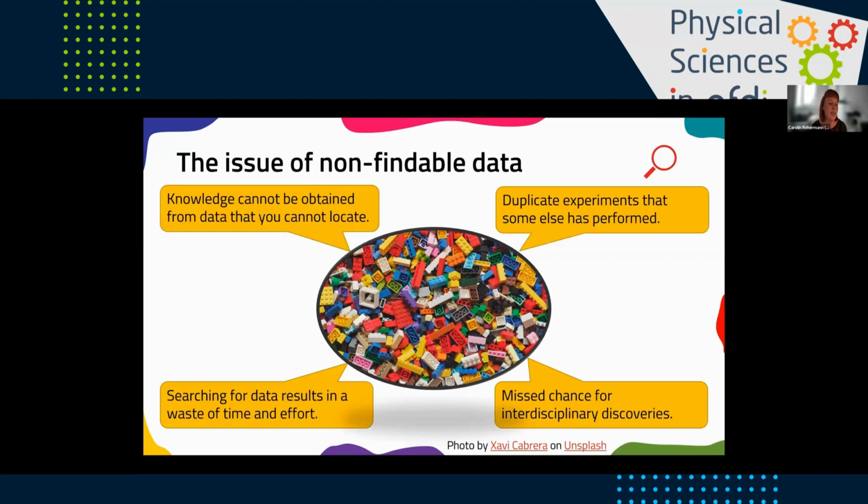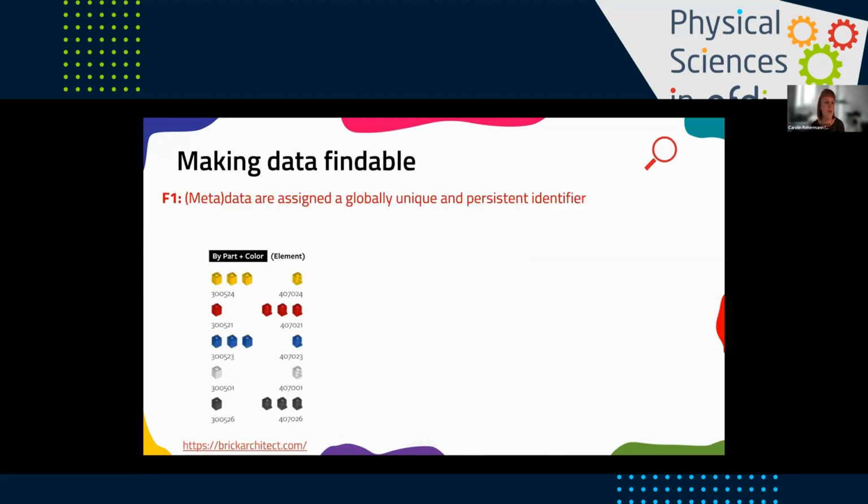So non-findable data often can't be obtained, or knowledge cannot be obtained from that data. You have the issue that experiments need to be duplicated. You often miss the chance for interdisciplinary discoveries, and searching for data results is often a waste of time and a super high effort.